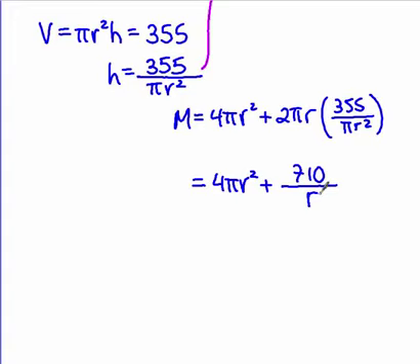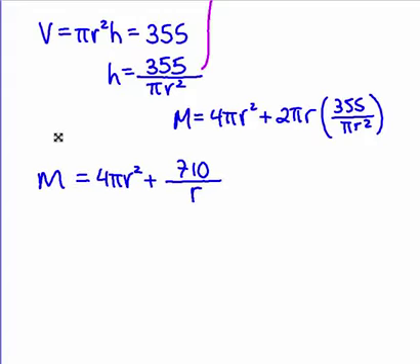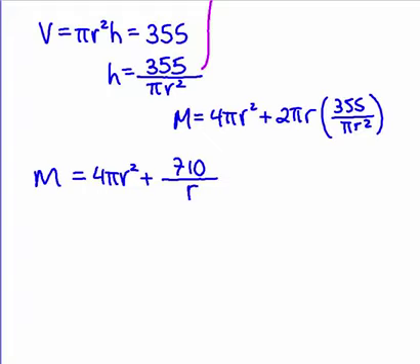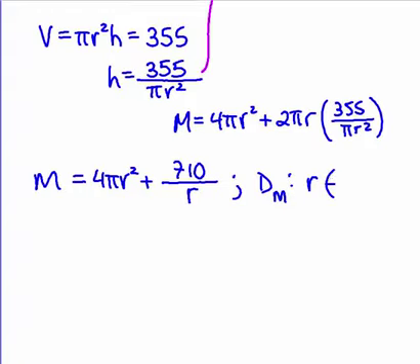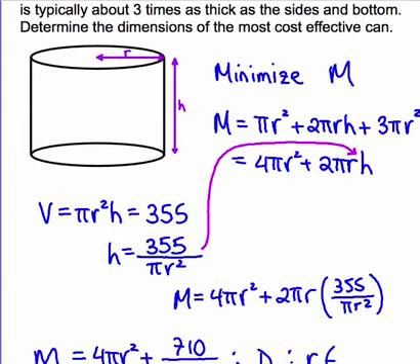And we're going to need to consider the domain of this equation. And so we say the domain of M, the variable I'm working with here will be r. And r has to be, well, again, if we go back and think of the diagram, we can see that my radius can get smaller and smaller and smaller.